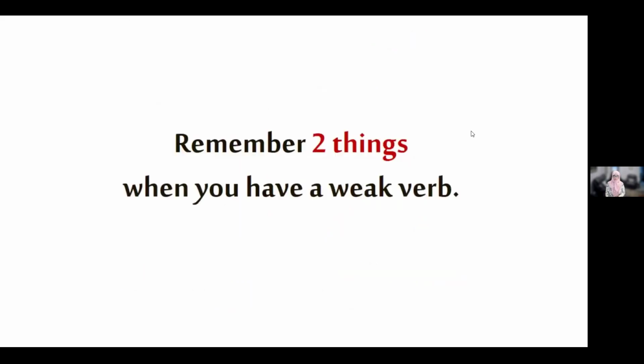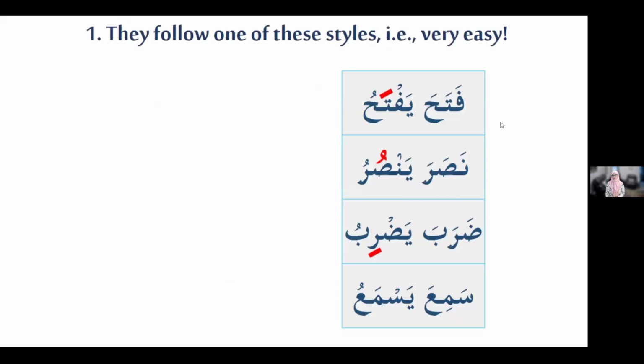There are weak verbs, and how would we remember that these are the weak verbs? You'll have 2 things in every weak word. What are those 2 things? That they always will follow one of these styles. So fataha yaftahu, nasara yansuru, daraba yadribu, sami'a yasma'u.